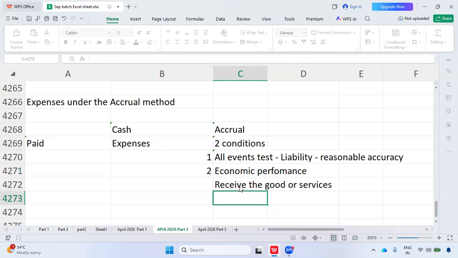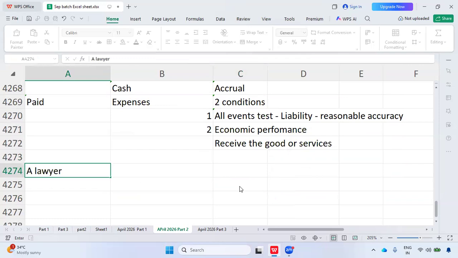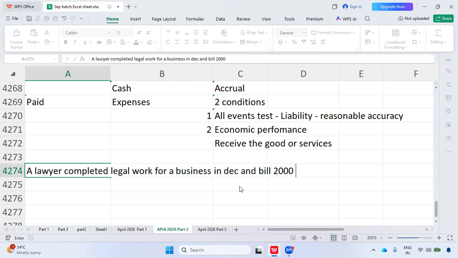Let's say there is a lawyer. The lawyer completed the legal work for a business in December and also billed $2,000, and the business paid in January 2026.